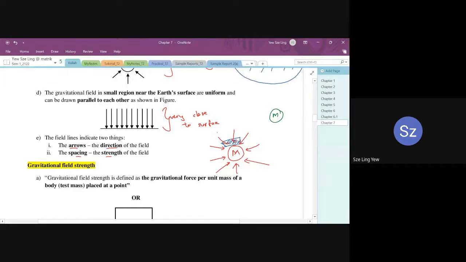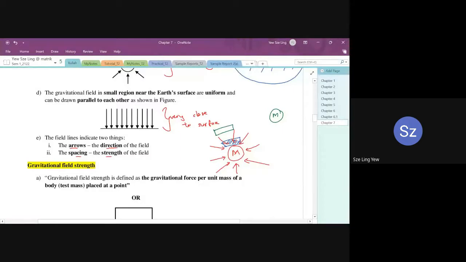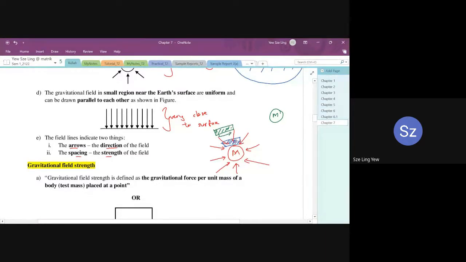Now, if you place an object that is slightly further away from the Earth, what you can see now is just two lines that are merely touching the object, and the space between the lines is much larger compared to the blue color object. Therefore, this green color object experiences a smaller field strength compared to the blue color object.